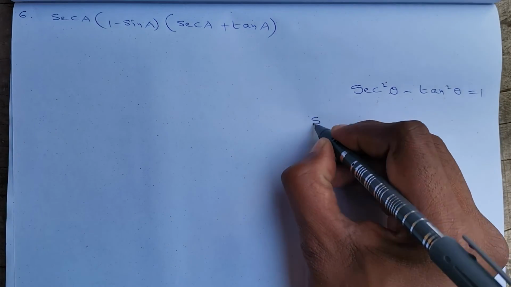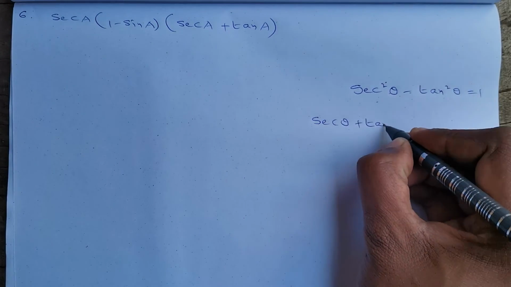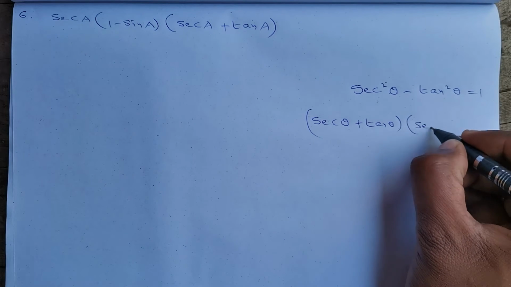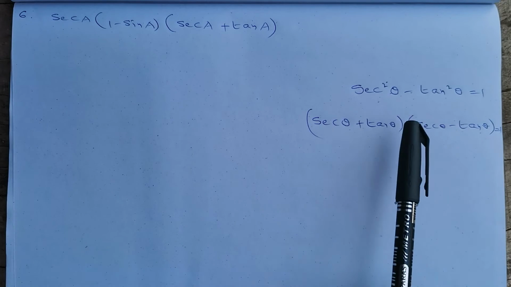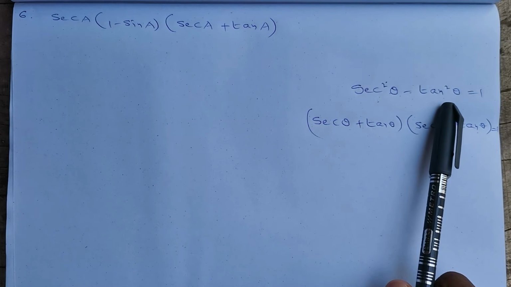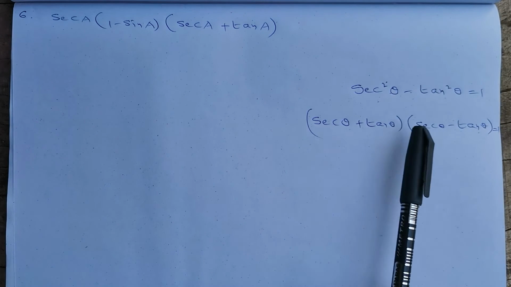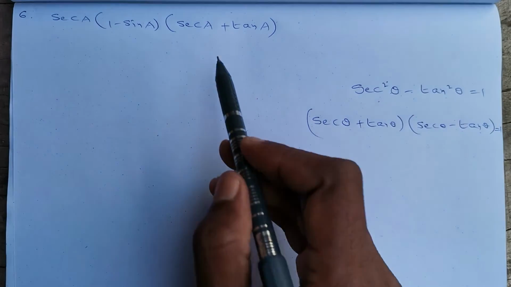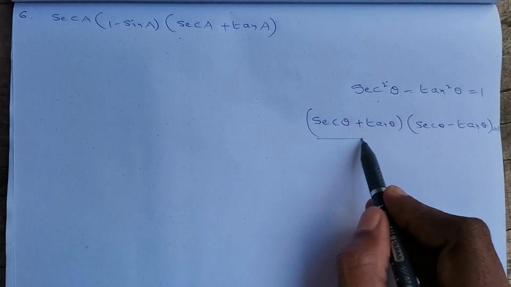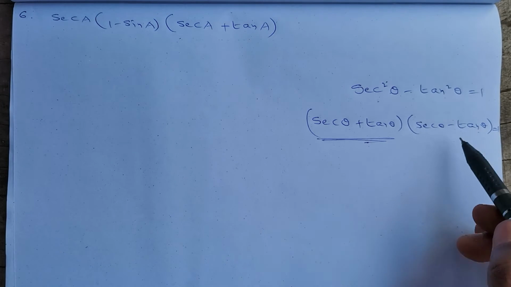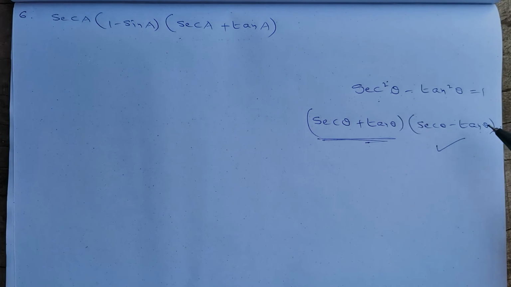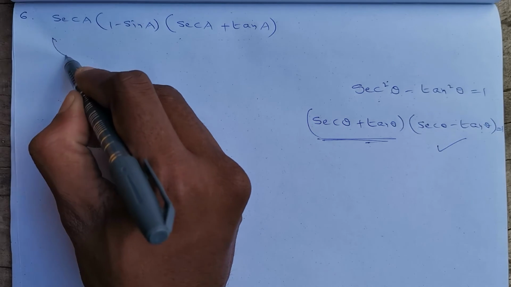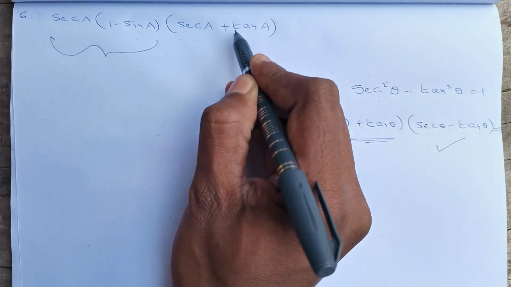So if we expand it, we get secant theta plus tan theta into secant theta minus tan theta, which is equal to 1. This is in the form of a square minus b square, so I am simply expanding it as a plus b into a minus b. Here we have secant A plus tan A, so definitely we want secant theta minus tan theta. Here the alphabet A is there, so we will require secant A minus tan A. That's why I will solve these two only. I won't touch this one.